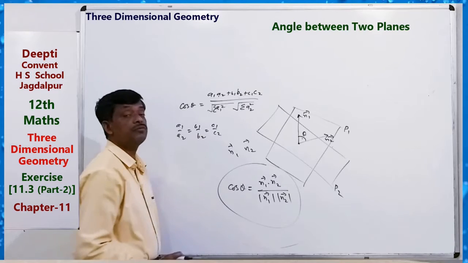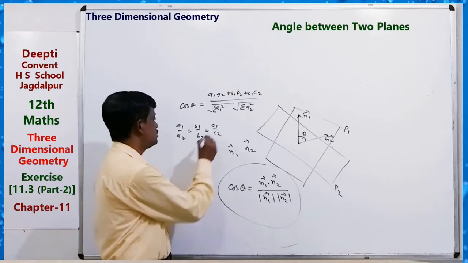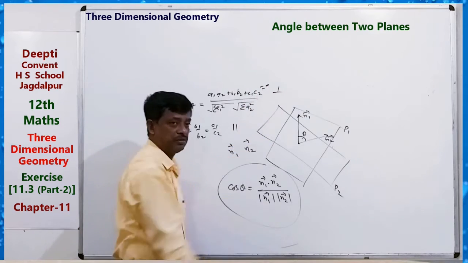They are the direction ratios of the normals of the planes. So this is for parallelism, and if the numerator is 0, then it is for perpendicularity.